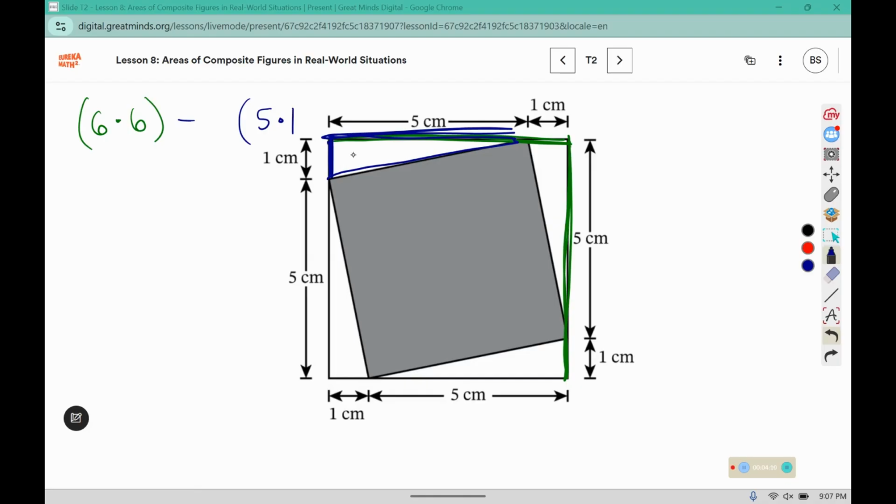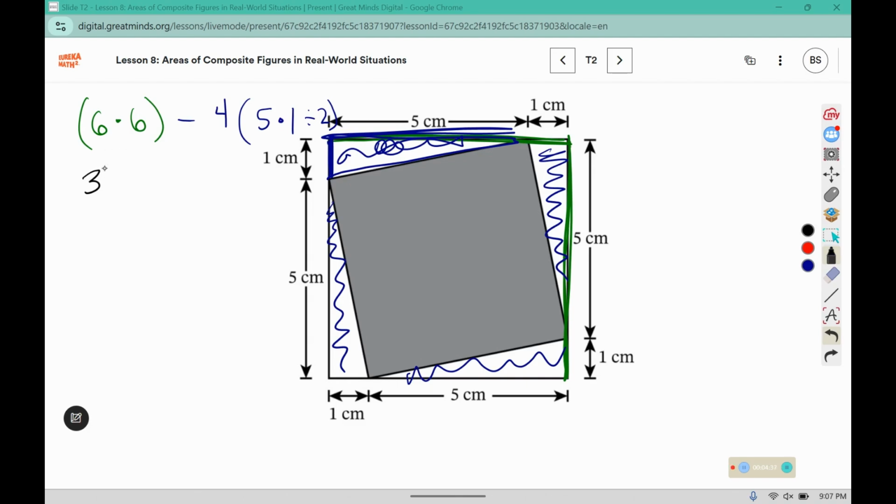But remember, for triangles, since they are half of the rectangle, we either multiply by 1/2 or we can divide by 2. Here is one triangle, that's 5 by 1. Here is another triangle, that's 5 by 1. A third, and a fourth. So I can subtract that 4 times, or I can multiply it by 4.